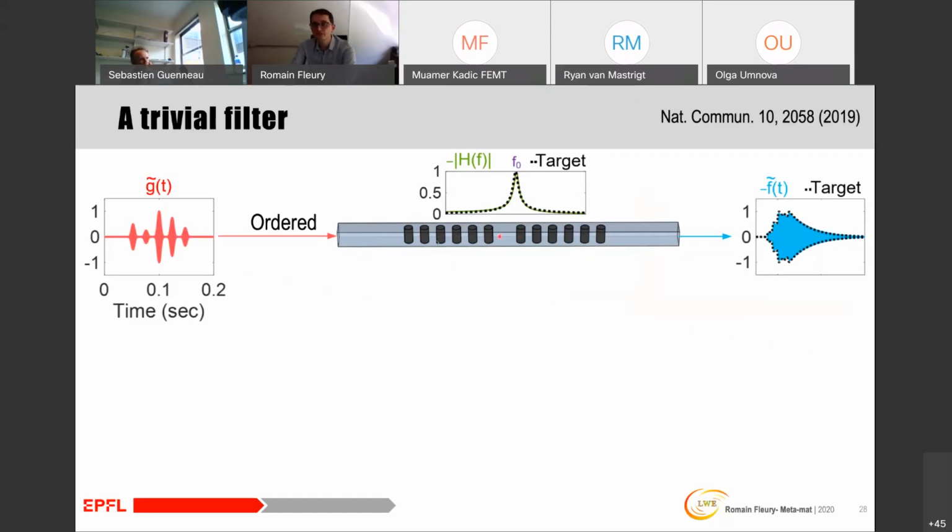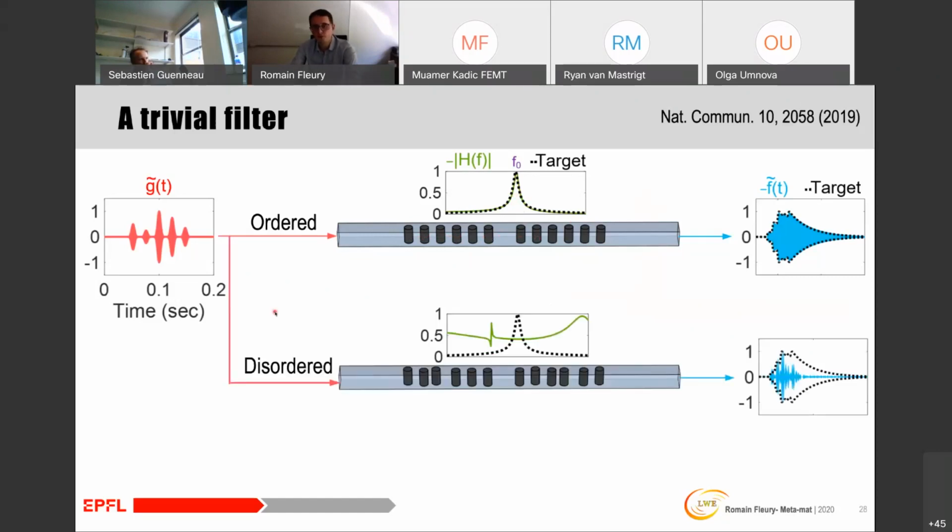So I can tunnel through this defect and have a resonance peak. And of course, if everything is perfectly ordered, what I get is what I expect. I filter my signal. However, and that's the problem I want to tackle in the first place, if I slightly shift, even slightly, those cylinders, I completely destroy my transfer function, and of course my output is not what I want. So let's see if the same thing happens or not with topological filters.